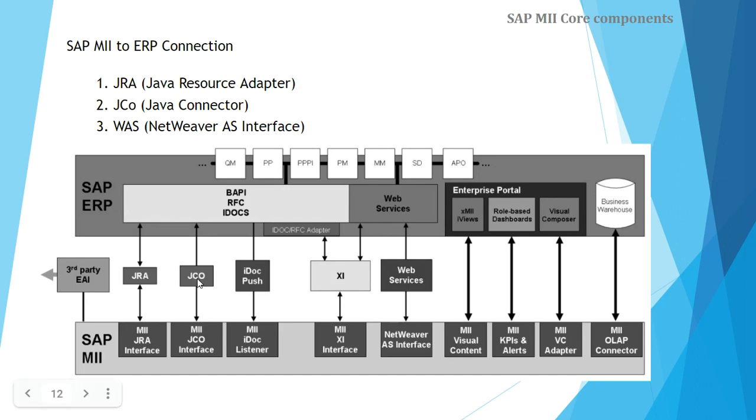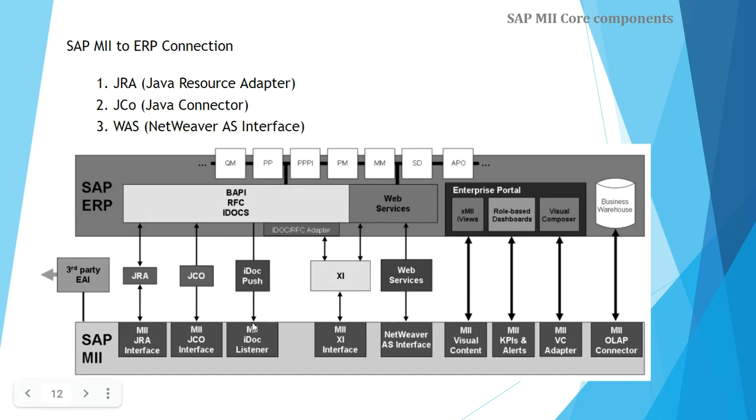In the same way, there is SAP JCo. The MII JCo interface is inbuilt and no extra configuration is required. You can directly use it to post data to the SAP ECC or ERP system, or even fetch data from the SAP ERP system.